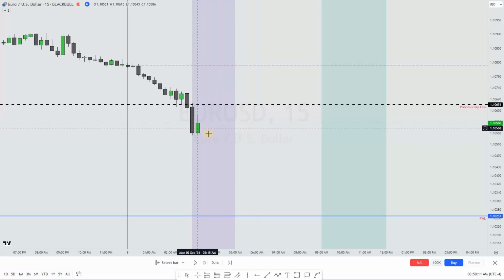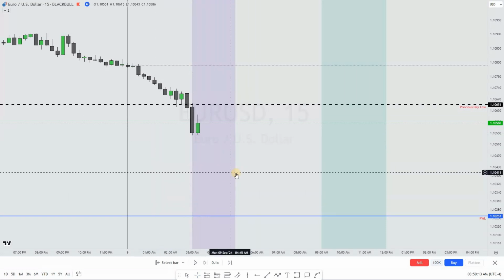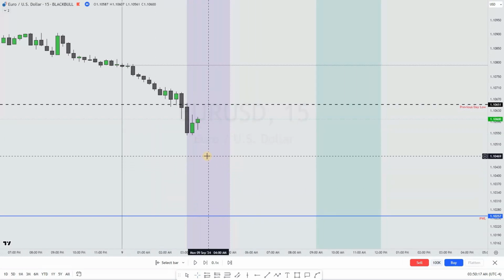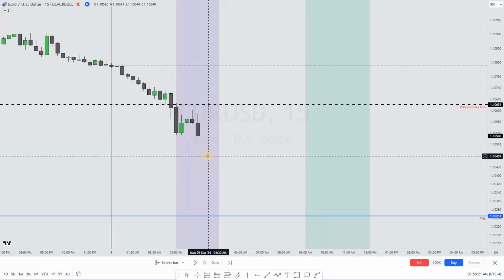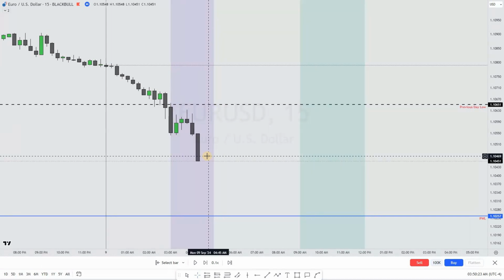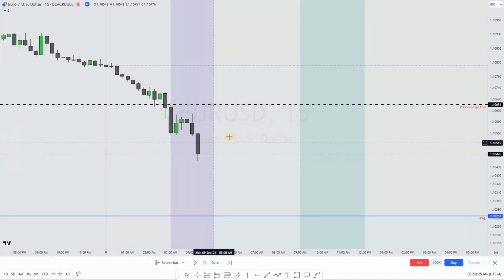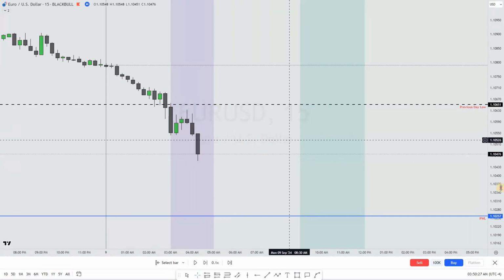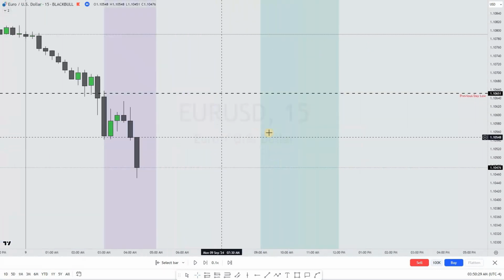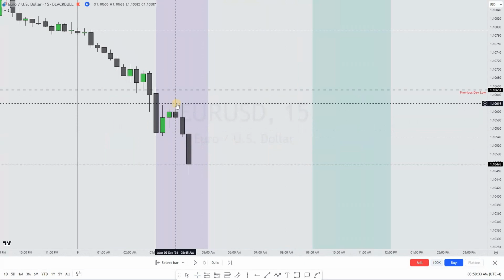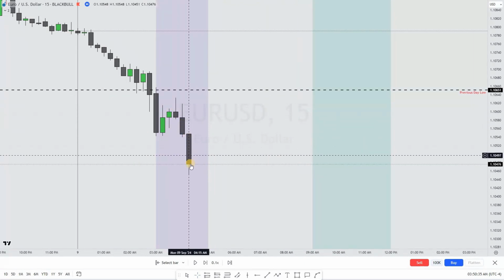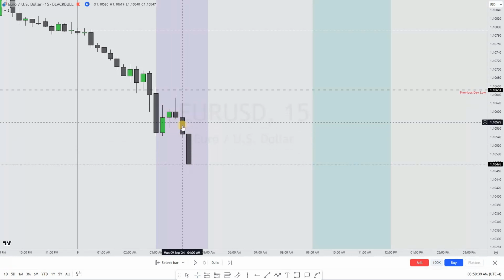But when this happened, that means I was still waiting. I had more time to wait. So I was still waiting and waiting and waiting. Now here is where I wanted to enter because now we had this retracement over here, and then the market crashed all the way down with a fair value gap over here.